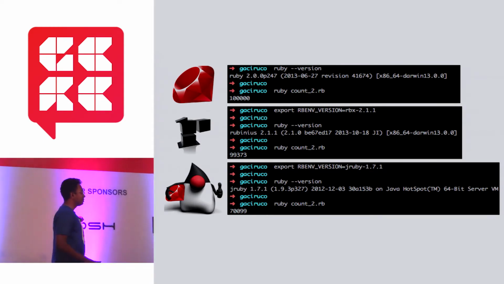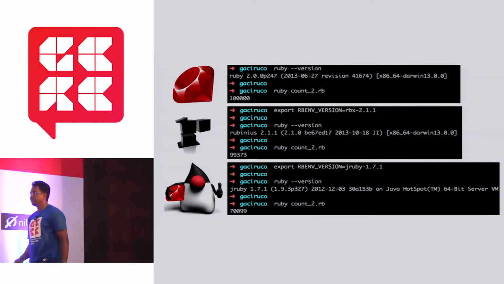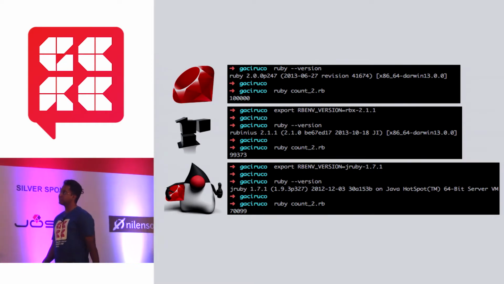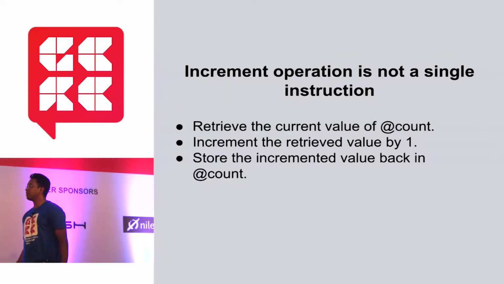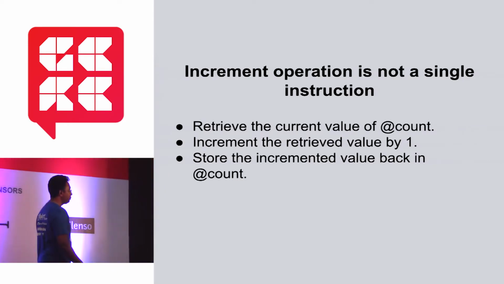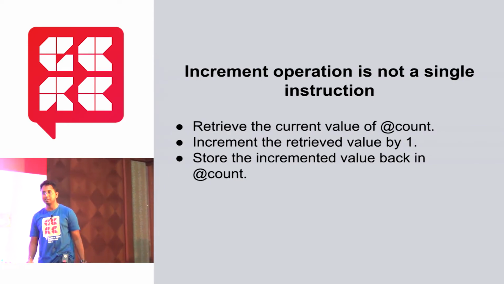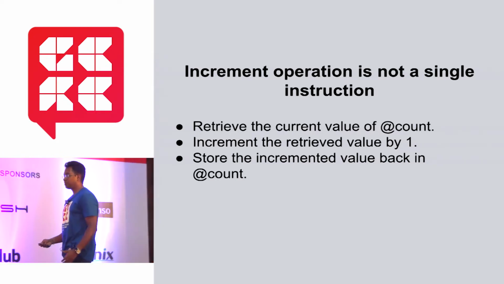So why all this basic code and some simple counter over here, right? I just wanted to get a really basic example to explain the concept that increment is not a single instruction. I love Ruby because the syntax is so terse, so simple, so readable, right?